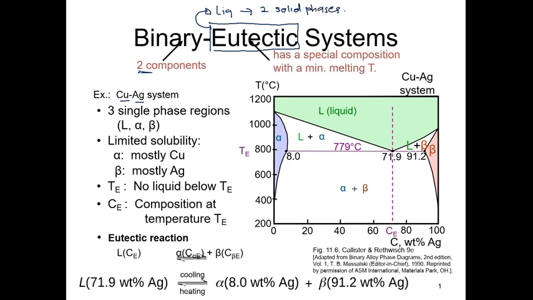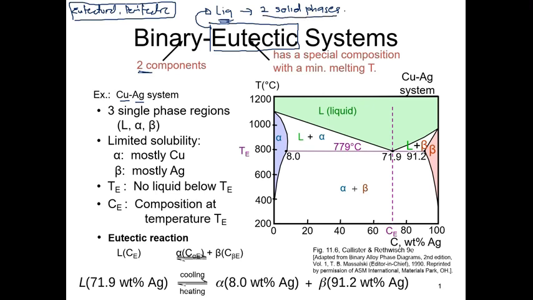Actually, if you go through your notes, we have a few systems which are eutectic, eutectoid, and peritectic. You can find all the definitions in your notes. We will only focus on eutectic, which is a point at which your liquid will form two solid phases.